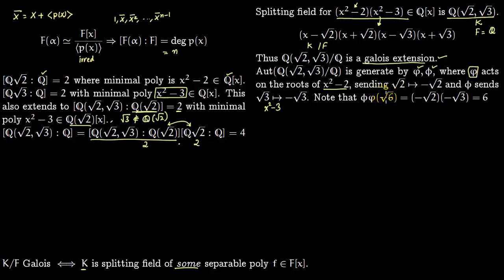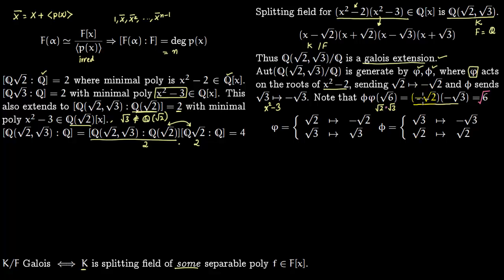Notice, what about root 6? Root 6 you can write as root 2 times root 3. So the product of minus square root of 2 times minus square root of 3 will give you square root of 6. So let us rewrite varphi and phi. Varphi sends square root of 2 to minus square root of 2, keeps square root of 3 as such. Phi sends square root of 3 to minus square root of 3, keeps square root of 2 as such.